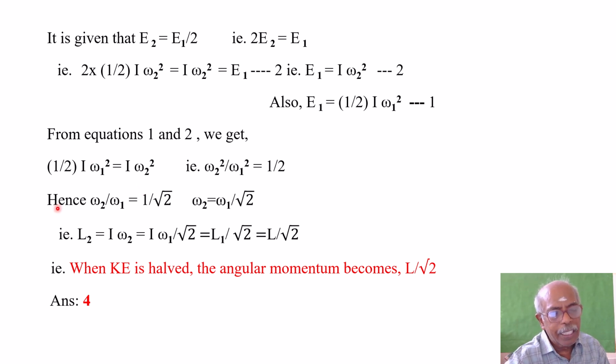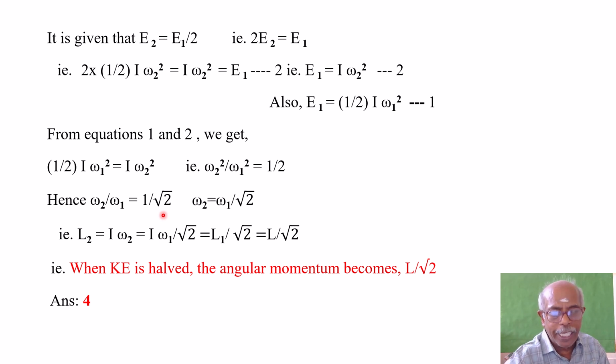The I on the LHS and the I on the RHS get cancelled. So omega 2 square by omega 1 square is equal to 1 by 2. Taking the square root on both sides, you will get omega 2 by omega 1 is equal to 1 by root 2.